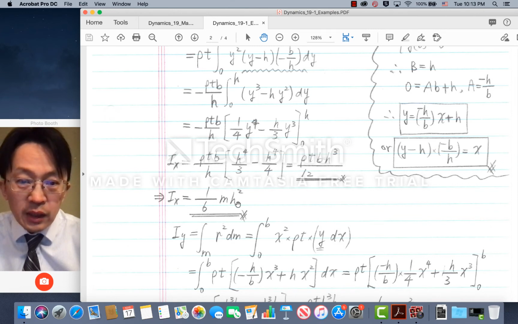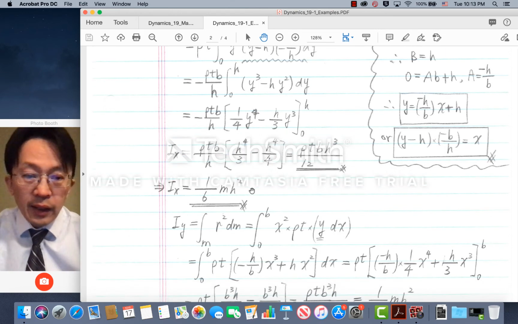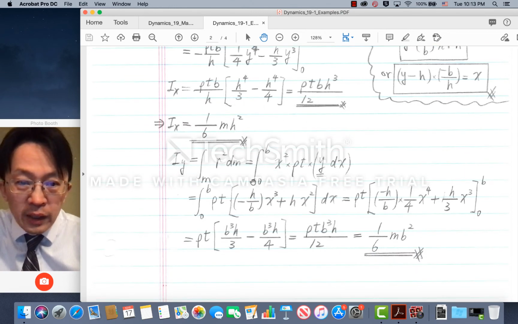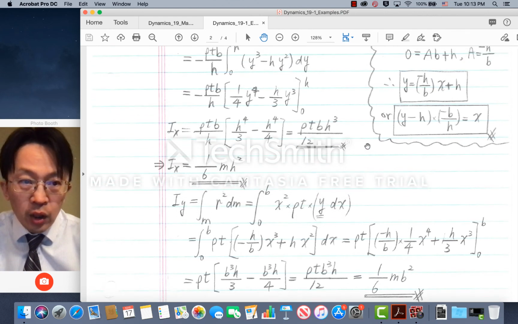And similarly, in finding Iy, the formulation will give us this expression, which includes y times dx. Now in this case, you know that your base is x, you cannot have y in this integral, you have to find a way to replace y with x. Therefore, we will need to use this expression, which is y of x.